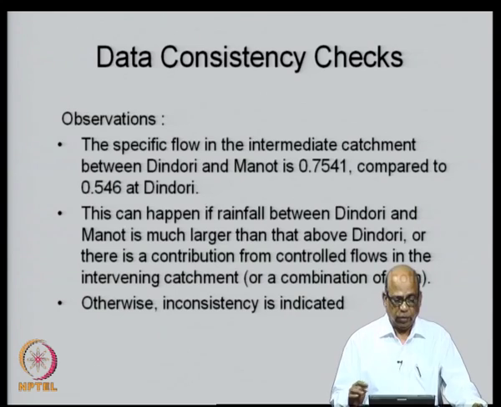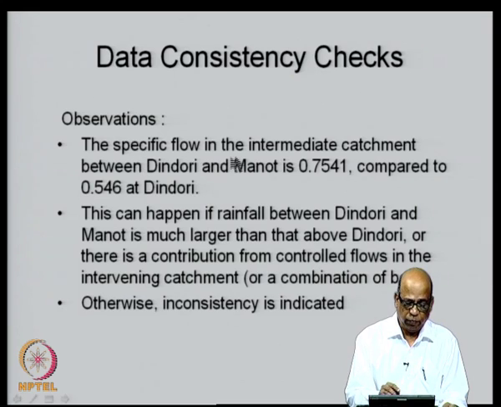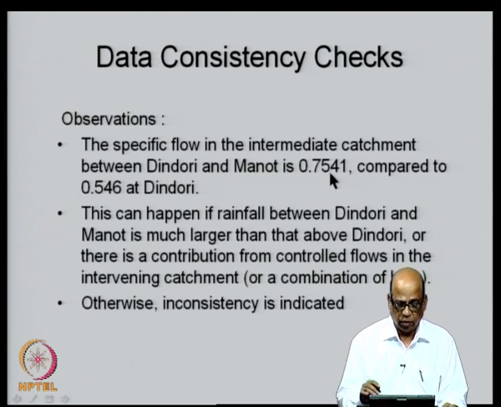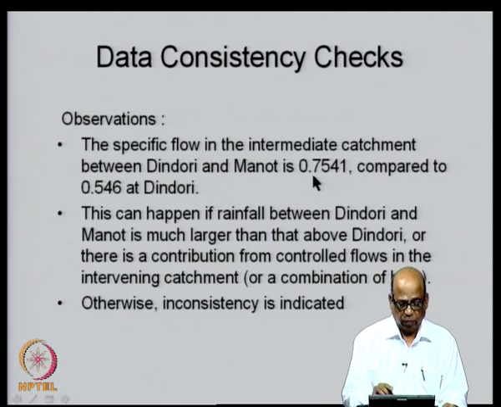So, from the data consistency checks, we observe in this particular case that the specific flow in the intervening catchment between Dindori and Manat is 0.7541 compared to 0.546 at Dindori, which is quite high.